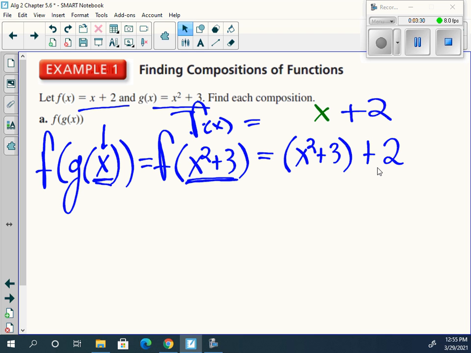Any questions on any of this so far? Yes? Okay, what we need to do is simplify this here. When we look at the x squared plus 3 in parentheses, there's nothing being multiplied and there are no squares. This is just x squared plus 3. So we can drop the parentheses without changing anything.